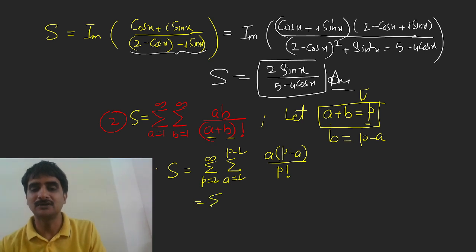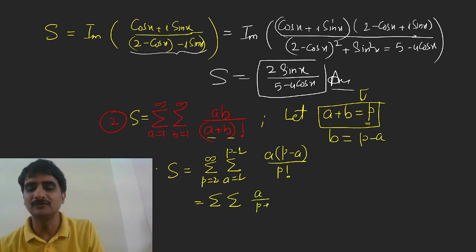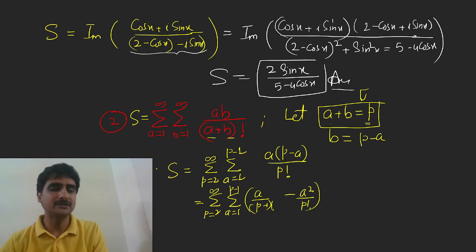So this will be, I'm not putting it, a times p minus a upon p factorial, which is a upon p minus 1 factorial minus a square upon p factorial. Now see what happened. You have two different variables and you can have two different summations, so you can simplify it stepwise.